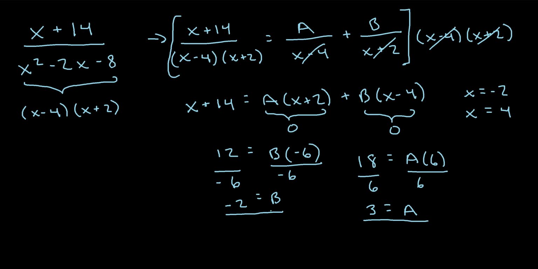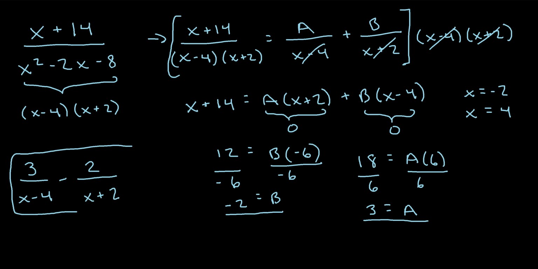So we have solved for a and b, and we can write our final answer as a over x minus 4, so we have 3 over x minus 4, plus b, which we found was negative 2, so let's actually write minus 2 over x plus 2. And that will be our final answer. So that's how we can decompose this original fraction into two smaller fractions.